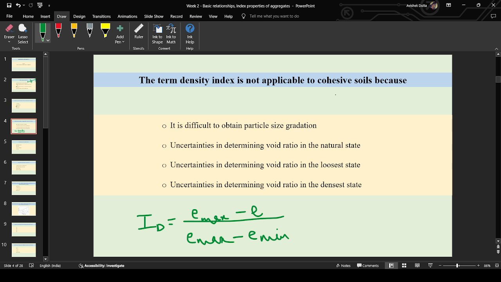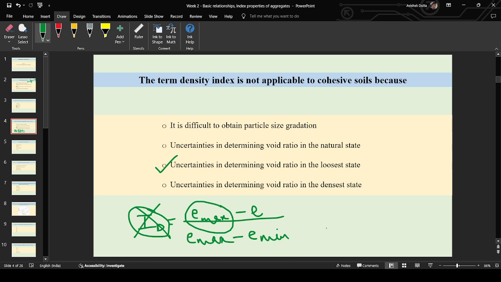For cohesive soil, because of their inherent cohesion, e max is very difficult to find out. Even if you can find it, there is a high level of uncertainty associated with this value. So this term is not applicable for cohesive soils. So the third option is the right option.